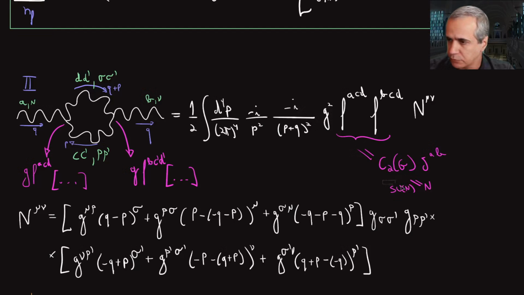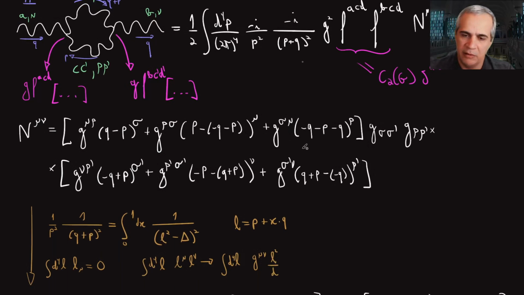So now the next step would be to start doing all these manipulations we are used to. Feynman parametrization, I just listed a few of the tricks here. You do Feynman parametrization, you complete squares to get something like that, and then you have to do this change in this mass here, exchanging P for L everywhere.